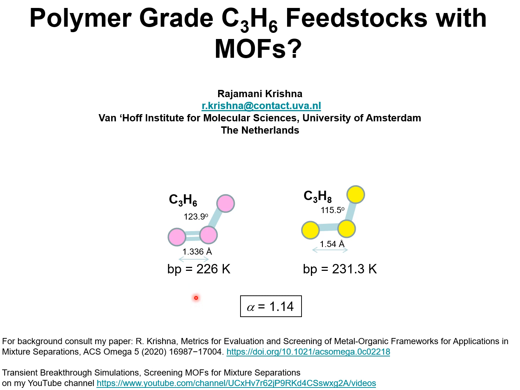The purity requirements for polymer grade feedstocks is that the propylene content be purer than 99.95%, and currently such purities are achievable in distillation separations due to the small differences in the boiling points of propylene and propane.